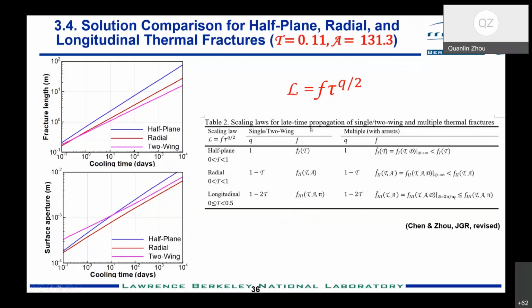And then that is the scaling law, so we say we have F and Q. So that is this form, and we can see Q equals 1 for half plane, 1 minus 4T for radial, and 1 minus 2T for longitudinal solutions. And similarly, the scaling coefficient is more complicated, but still we can get the solution and get the scaling coefficient.